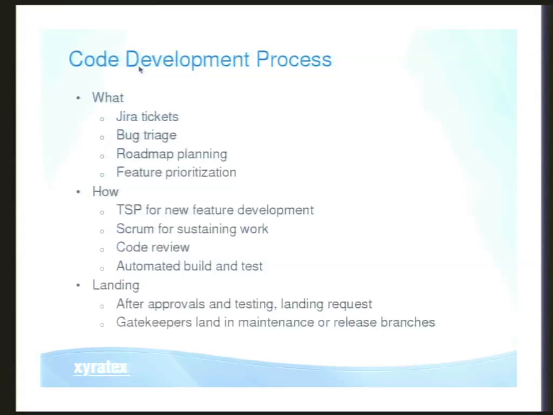Those have to be triaged in order to prioritize how important they are and when we need to work on them. We add in our roadmap planning to help with the feature prioritization, where we want Lustre to go, where we want our product to go, to help choose what we're working on.